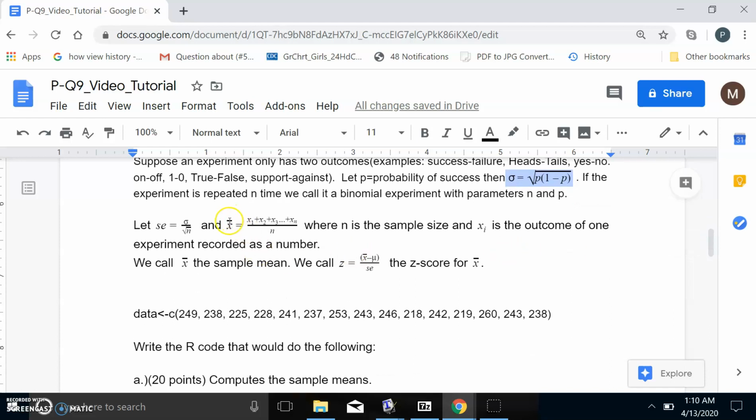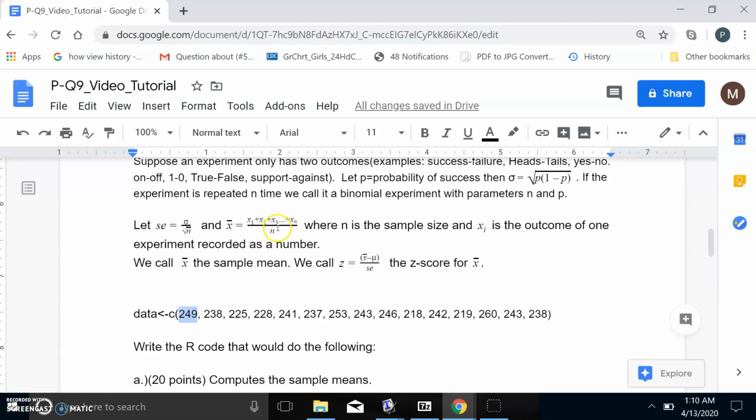Okay, and our x bar, that's like our sample mean. So that would be adding up all the results of people. The x1 maybe would be support, that'd be 1. Maybe x2 would be against, that'd be 0. x3 would be support, that'd be 1. So you'd add up all those. This top part, the first one would be 249. That'd be the sum of all the x's.